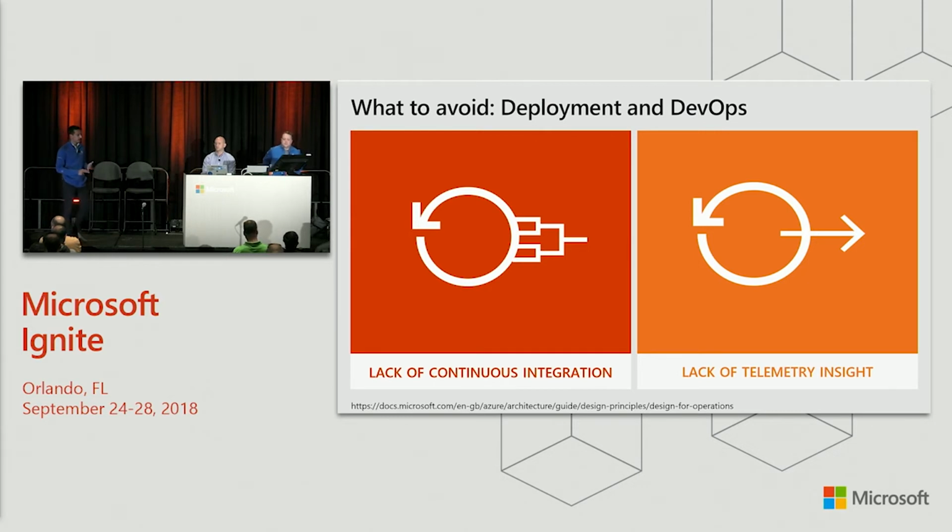So lack of continuous integration, where everything is deployed manually. Try to avoid that. And also the lack of telemetry. We see that a lot of customers don't have any insight into the application itself. They may get some insights on the infrastructure because Azure provides it or because they are running some monitoring tools, but they don't have any visibility on the application.